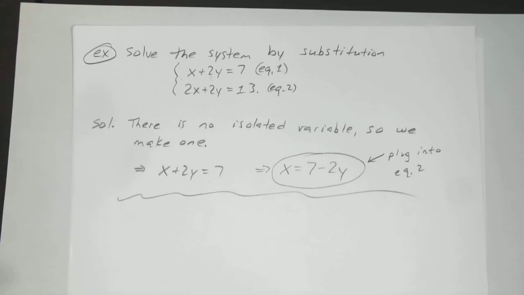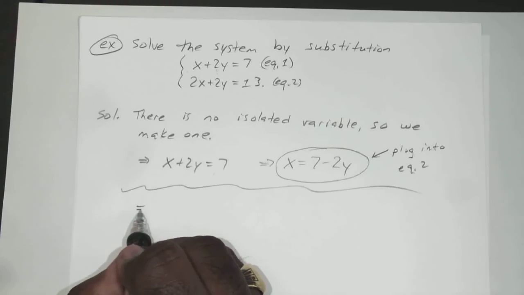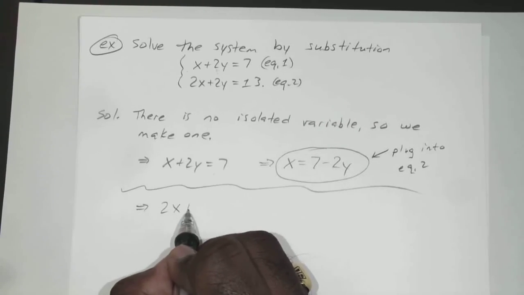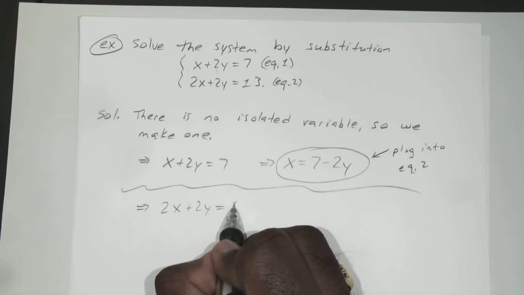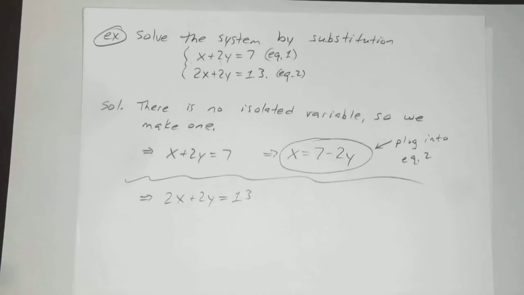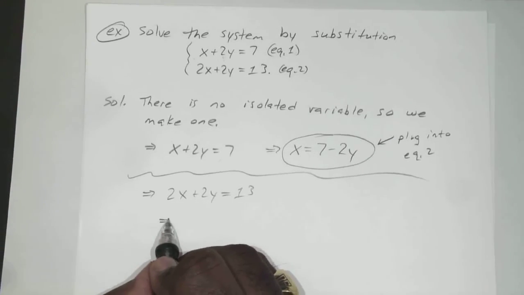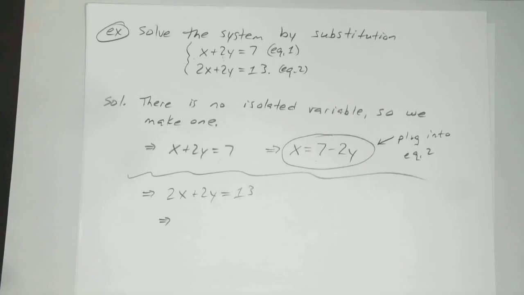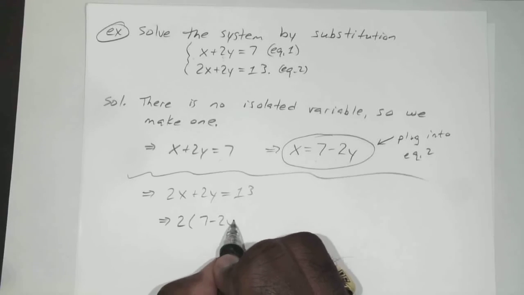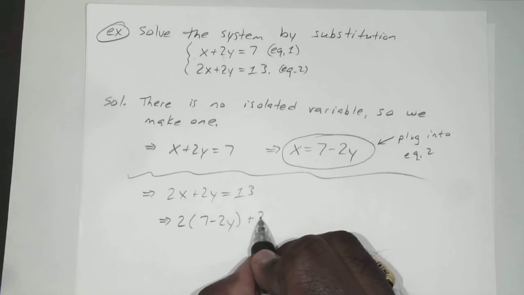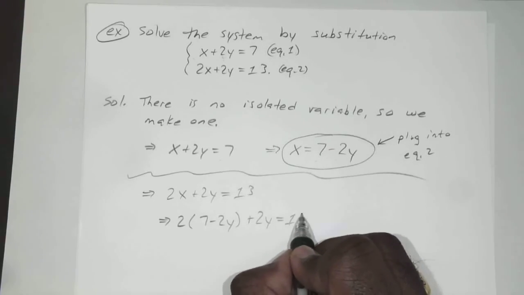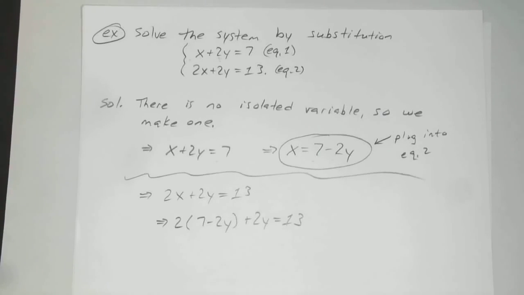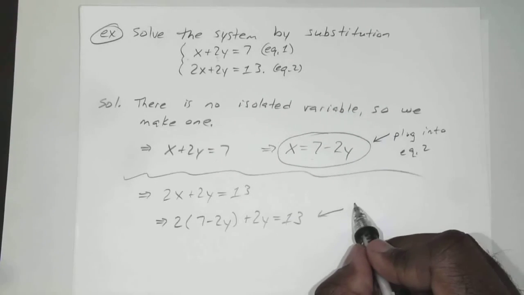So that means our 2x plus 2y equals 13, since x is equal to 7 minus 2y, is 2 times 7 minus 2y plus 2y equals 13. So all we did was replace x with 7 minus 2y. And then from there, we just solve for y.